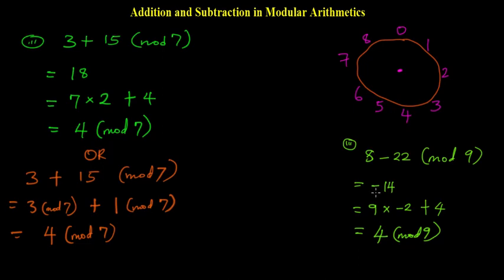Now, because it's minus 14, we are going to count 14 steps in the anti-clockwise direction from 0. 1, 2, 3, 4, 5, 6, 7, 8, 9, 10, 11, 12, 13, 14. We can see that it ends on 4. So that confirms that minus 14 in modulo 9 is equal to 4.